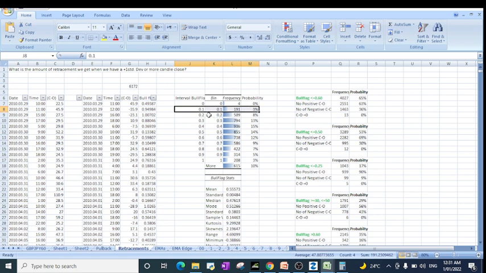Then something like 89% of the time. Okay, let me put it this way. 8% of the time you will get at least 10 to 20 pips retracement. And let's say 13% of the time.